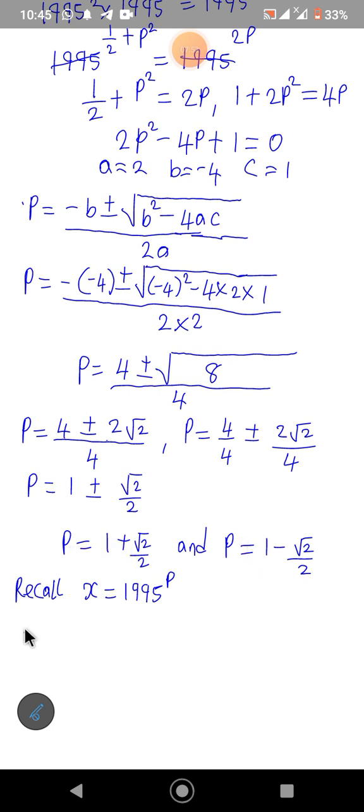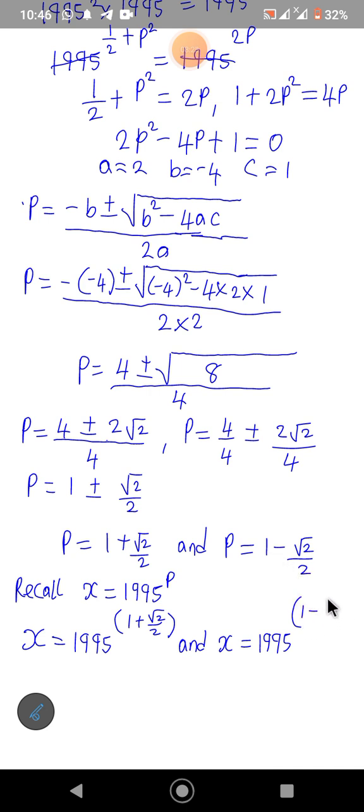So I can say that x is equal to 1995 raised to the power of (1 plus root 2 over 2), and x is also equal to 1995 raised to the power of (1 minus root 2 over 2).